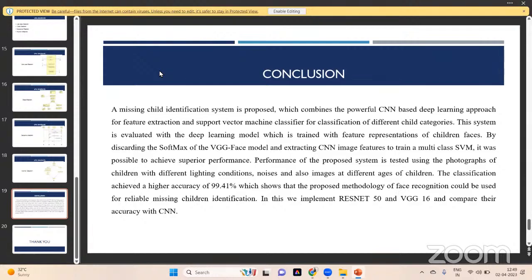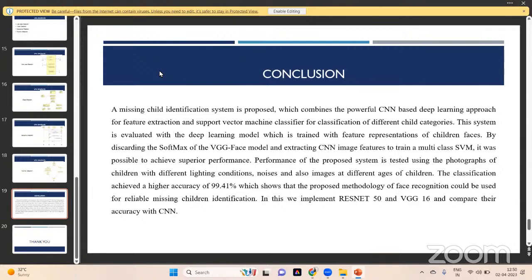It has more layers, like 50 layers, so it has more advantage than CNN. So what we do is we compare the CNN algorithms and take the most accurate one, so that it gives the most accurate result.